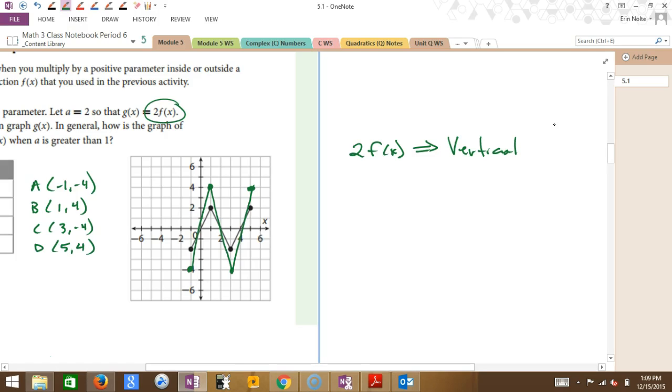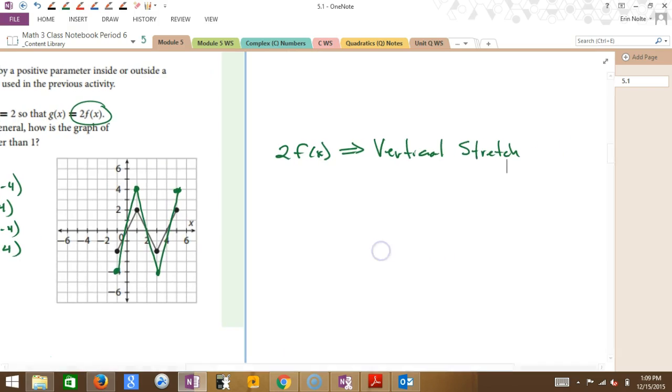Would you call that a stretch if you're pulling it away? Stretch. Algebraically, it affected which variable? The y variable, and I just multiplied by whatever the expansion was. Multiplied y by 2.